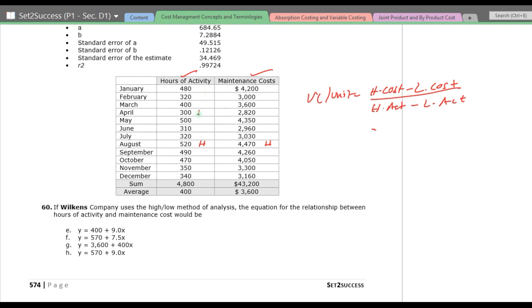The lowest cost is 2820 and the lowest activity is 300. So let us find the variable cost per unit. 4470 is the highest cost and the lowest cost is 2820. Highest activity is 520 and the lowest activity is 300. So the variable cost per unit comes to be 7.5 per unit.